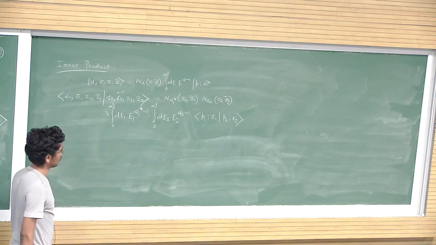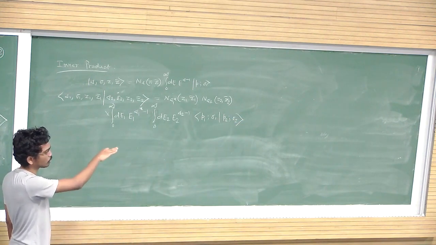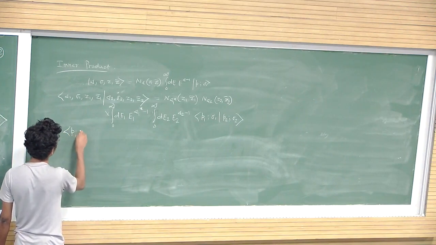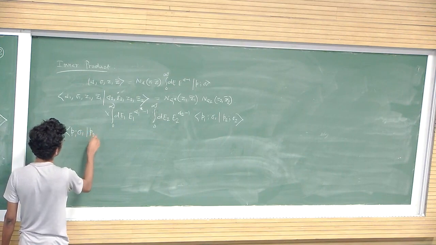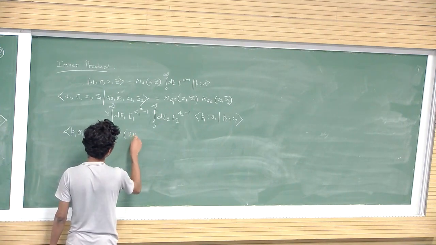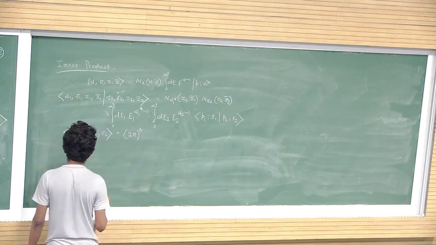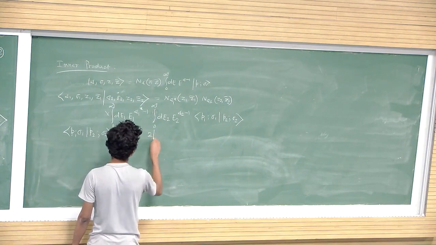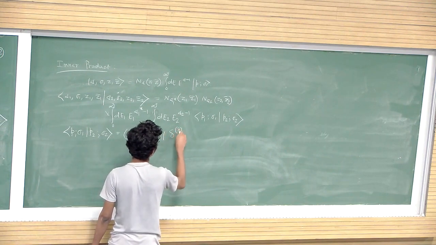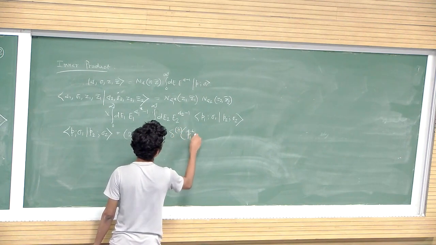Now you know the inner product between the Fock space states. P1 sigma 1 with P2 sigma 2 is basically 2 pi, q is mod P1, delta q of P1 minus P2.